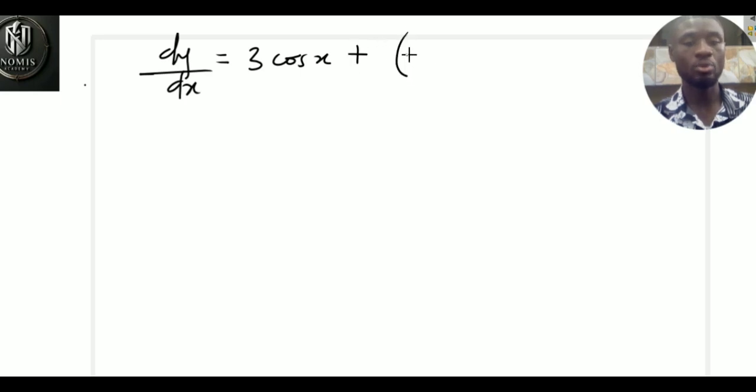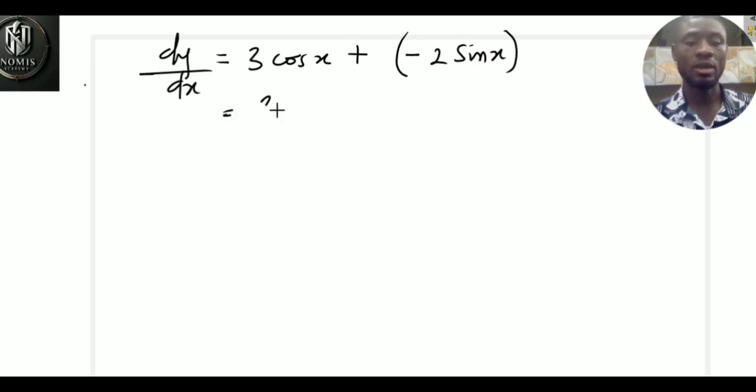So the value for dy/dx is equal to 3 cos x plus open bracket minus 2 sine x. So in this place we have plus and minus that will multiply each other.